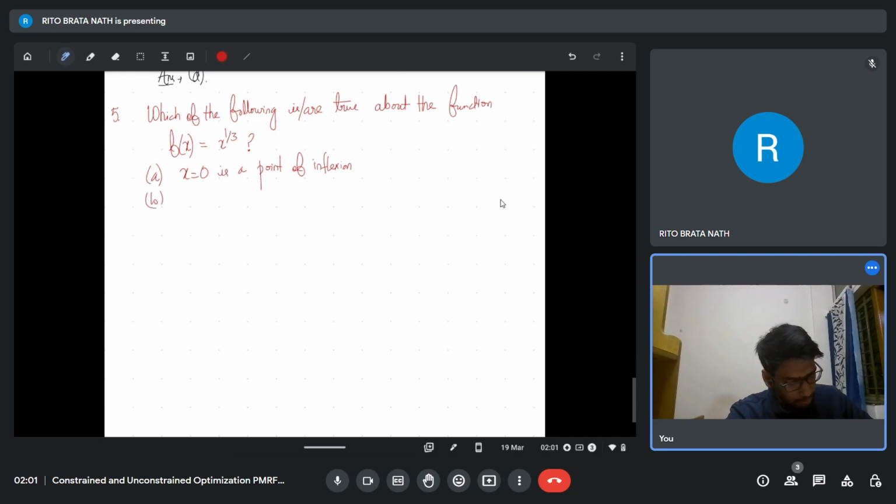Option B is the function has no point of inflection.